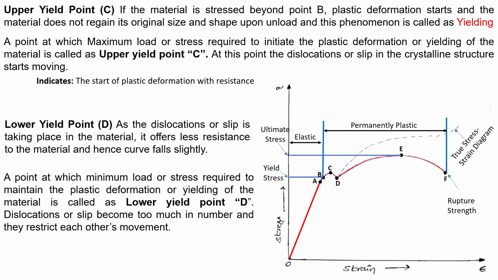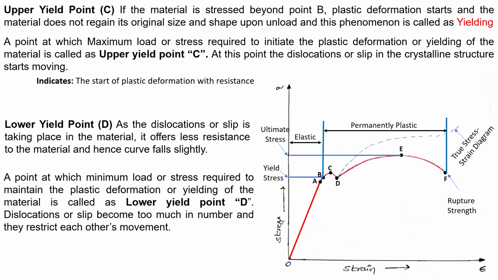So next we have to see what we mean by lower yield point. A point at which minimum load or stress required to maintain the plastic deformation or yielding of the material is called the lower yield point. Dislocations and slips become too many in number and they restrict each other's movement.